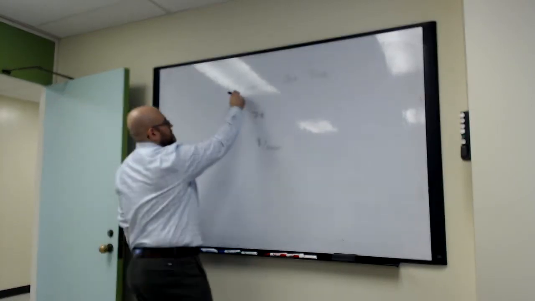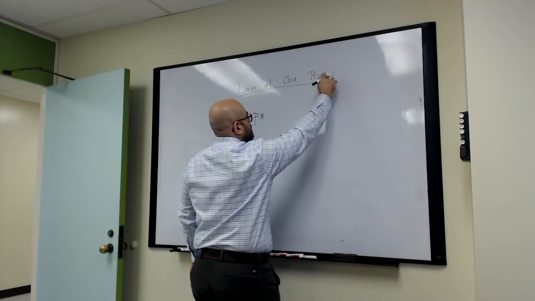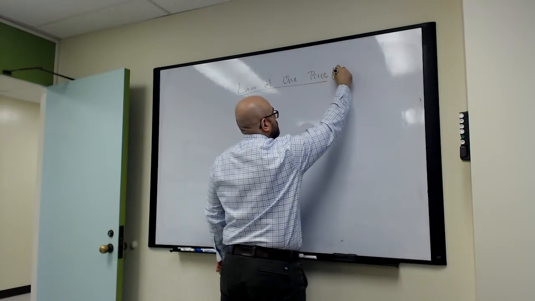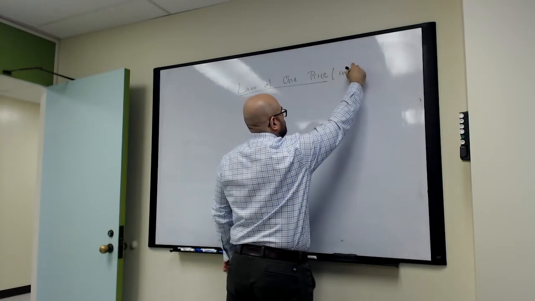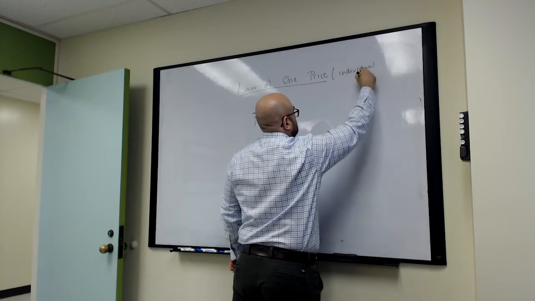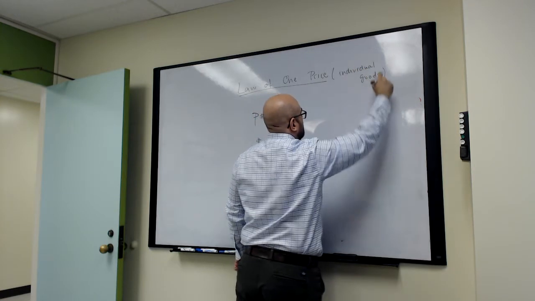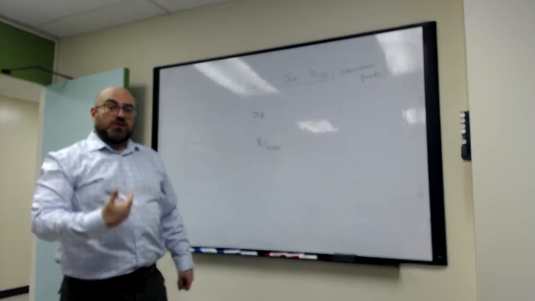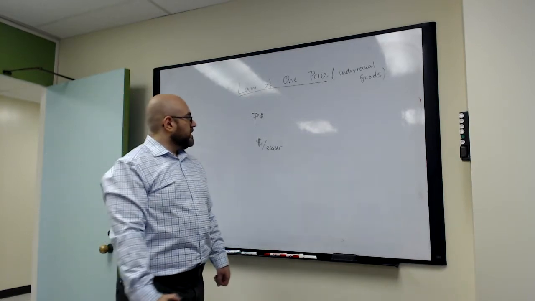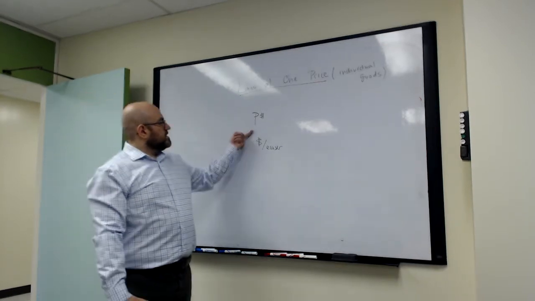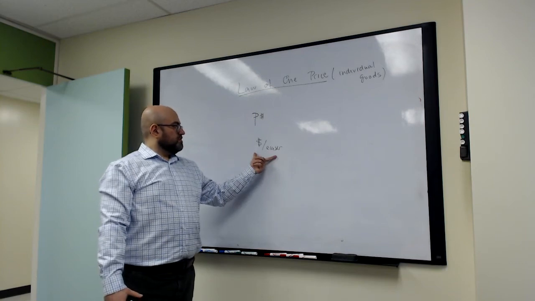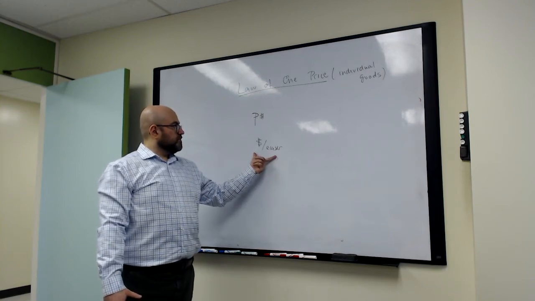An important feature of the law of one price is that it applies to individual goods. That's going to be a major difference between the law of one price and purchasing power parity. So we have a price in the US, dollars per unit of eraser.